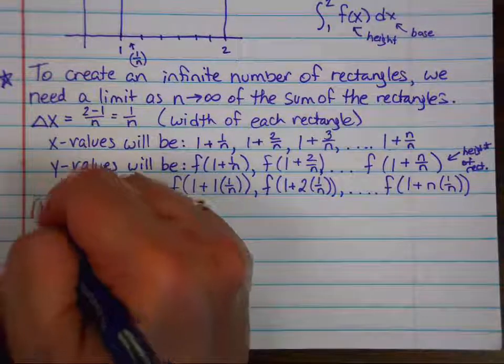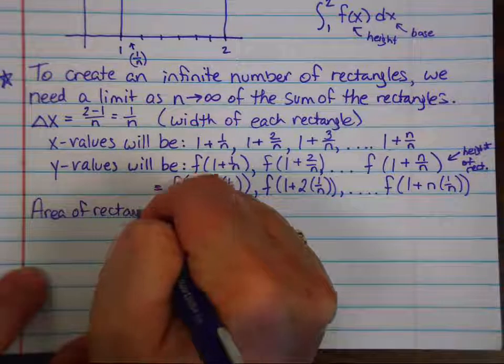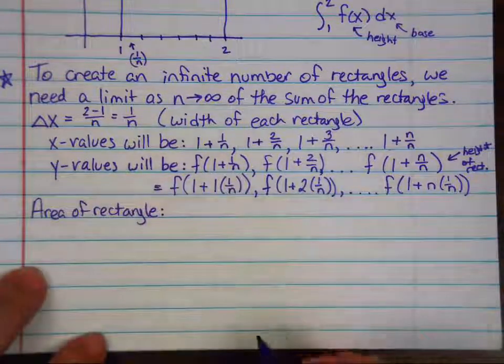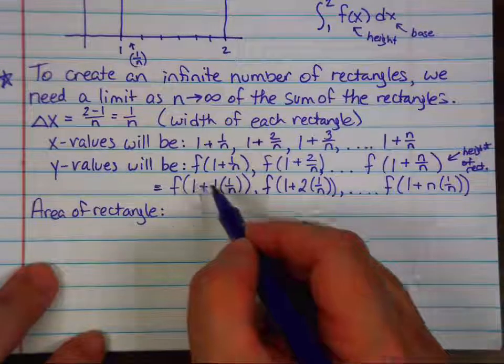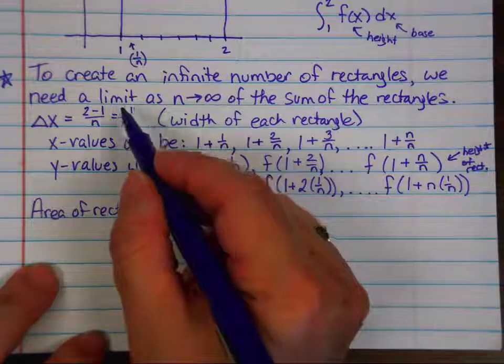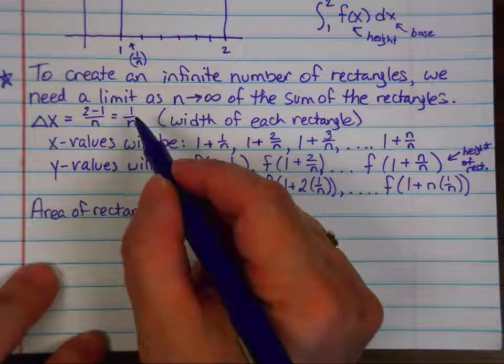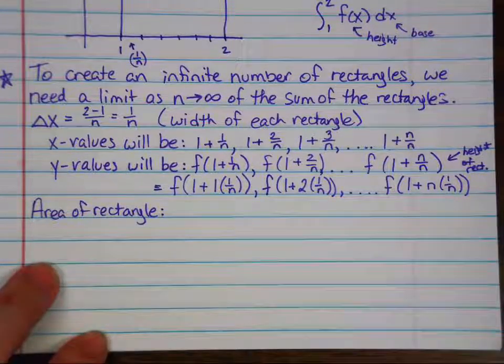So the area of the rectangle is going to be what? Okay, these are the heights. Here is the width, or the base. What's the formula for the area of a rectangle?